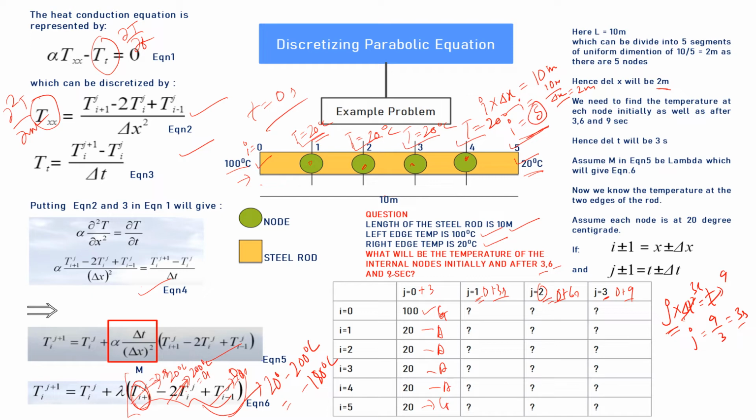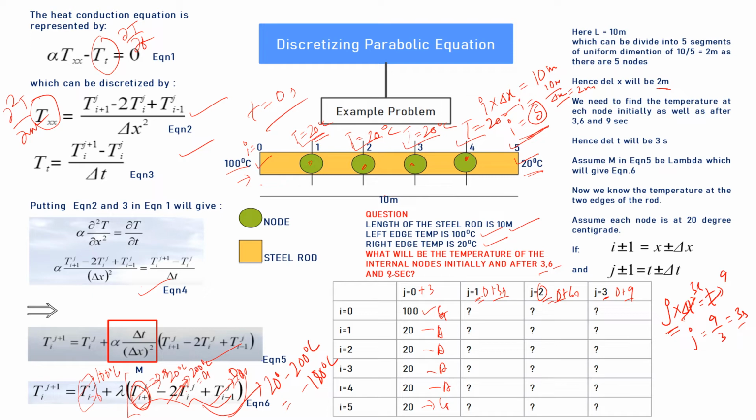Now let us see this one. For this Tij, this is straight away 100 degrees centigrade, because at i equal to 0 and j equal to 0. Right?